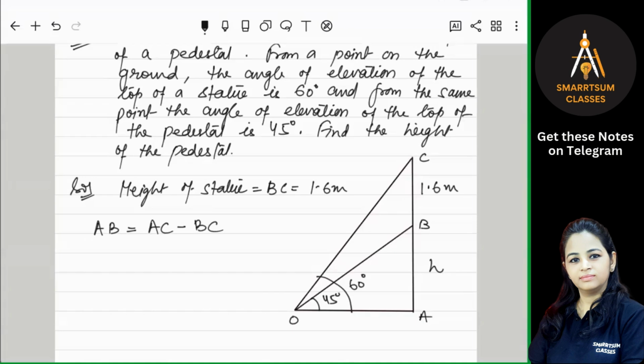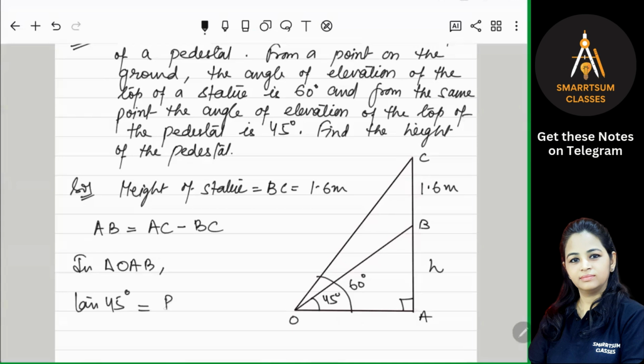Now, if you can see here, since angles are already given, this is a right angle triangle, right angle at A. So write down in right angle triangle OAB, tan 45 degree is perpendicular upon base.